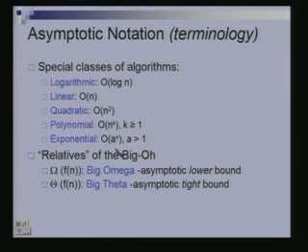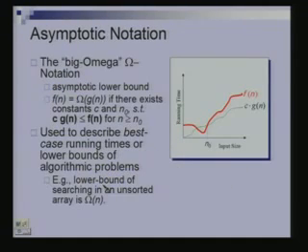So till now I have only introduced to you the big O notation. We also have the big omega notation and the big theta notation. The big omega notation provides a lower bound. A function f of n is omega of g of n if a constant times g of n is always less than f of n, whereas earlier this was more than f of n.